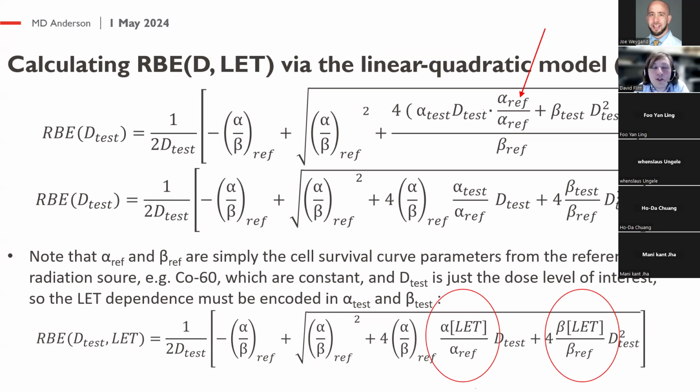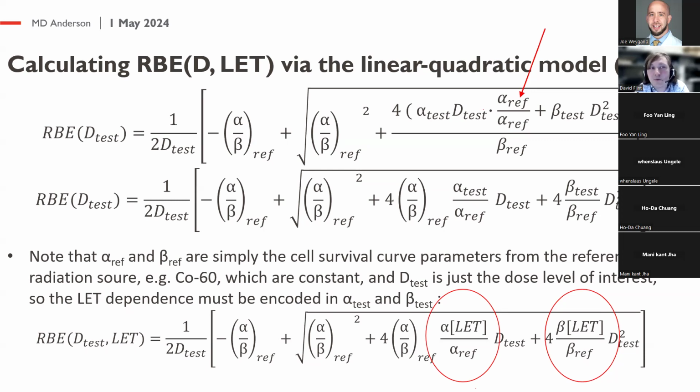So when you are creating an RBE model, the trends you're really trying to model are how alpha and beta for ions vary as a function of your beam quality specifier. In this case, I've written LET, relative to their intrinsic values, the values for X-rays. So these are really the quantities that we're interested in when we're trying to develop an RBE model.